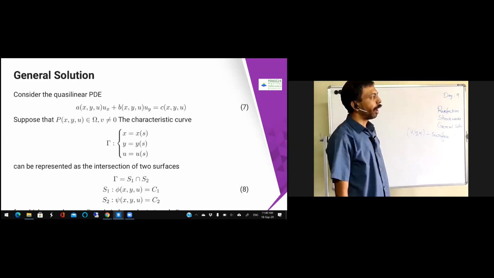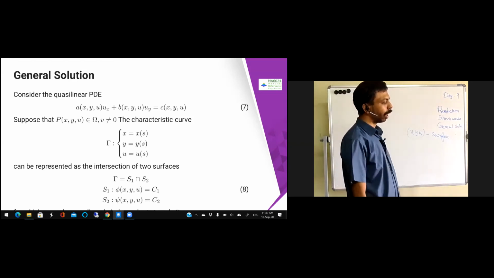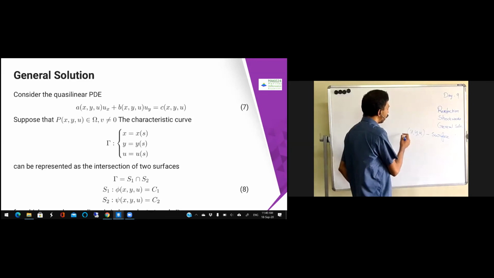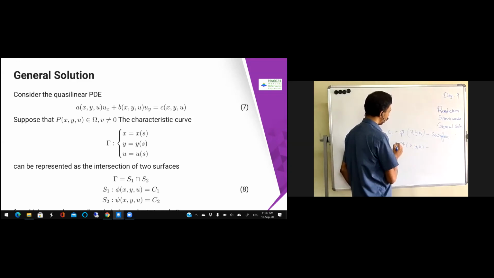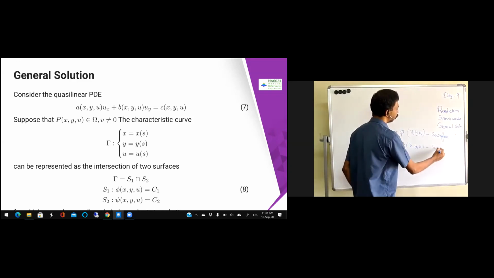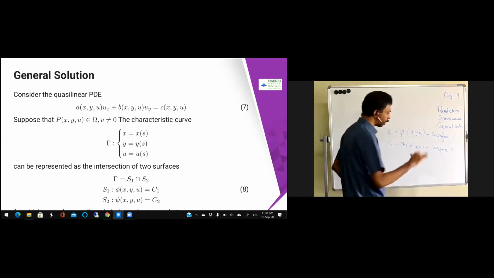Now suppose your characteristic curve occurs as an intersection between two surfaces. I have one surface, which I denote as I(x, y, u) = c1, and another surface, I(x, y, u) = c2. So I have two surfaces, surface 1 and surface 2, and these two surfaces are intersecting.